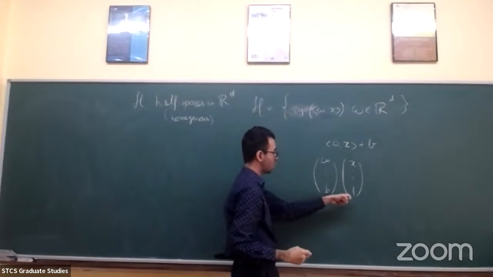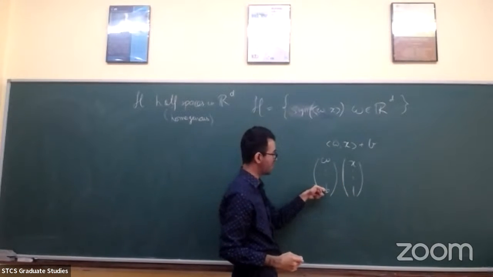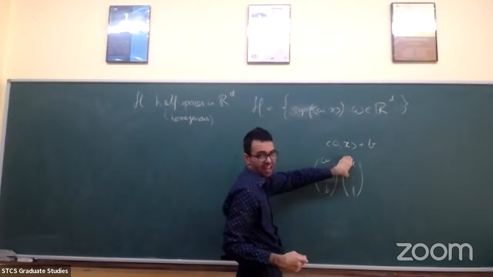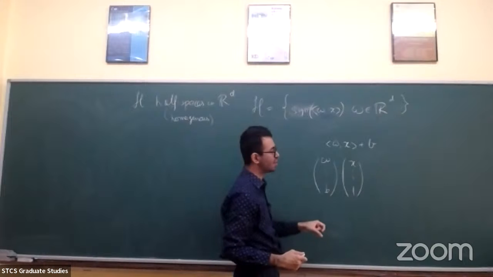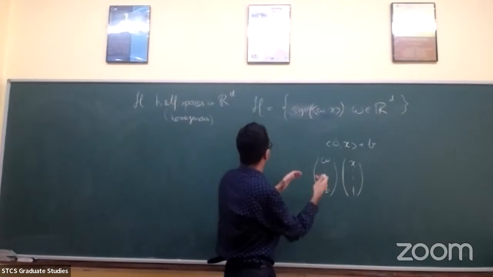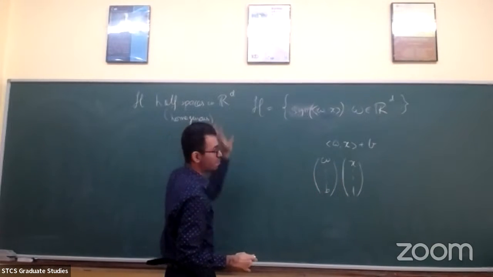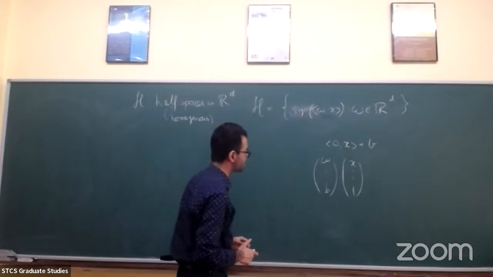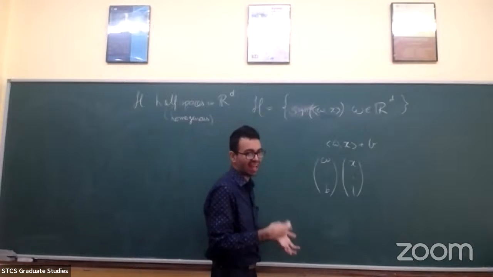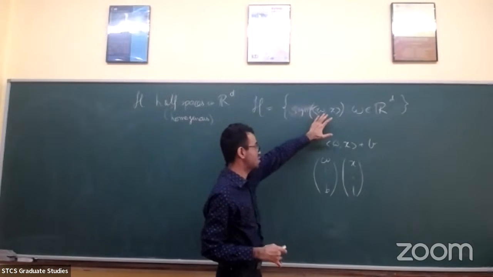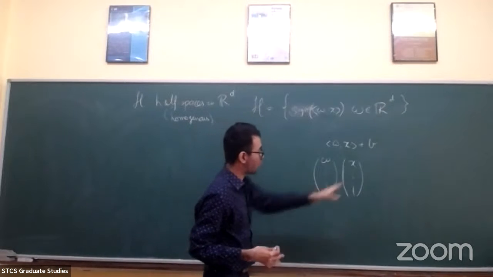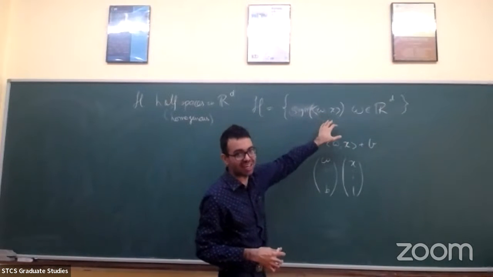So I join a 1 at the end of x, a b at the end of w. At the end of every single training example I will put a 1, and then I will just work with these homogeneous half spaces in R^(d+1). So that's exactly the same. Therefore I can pretend that my half space looks like this. We have not forgotten the bias, just that we have absorbed it inside the x.